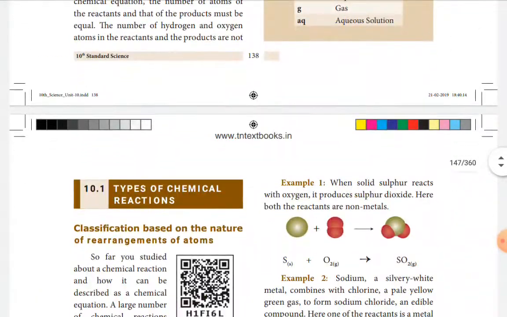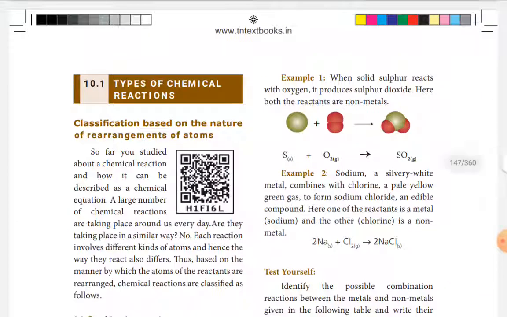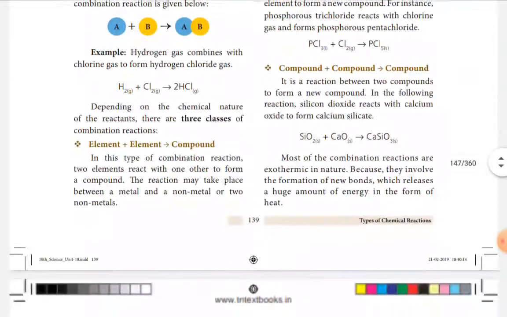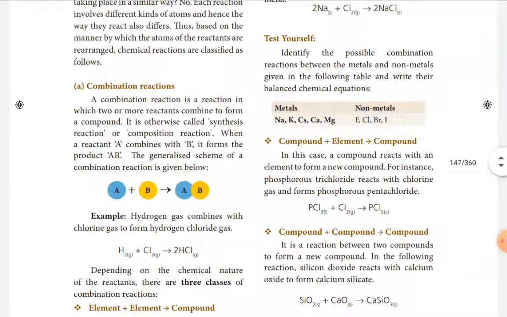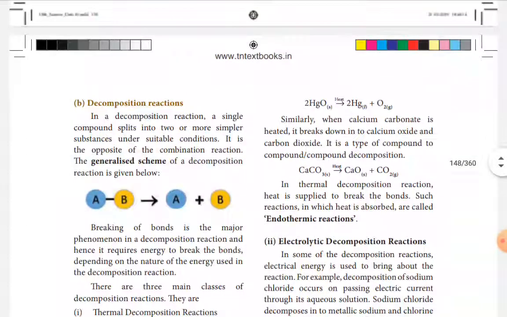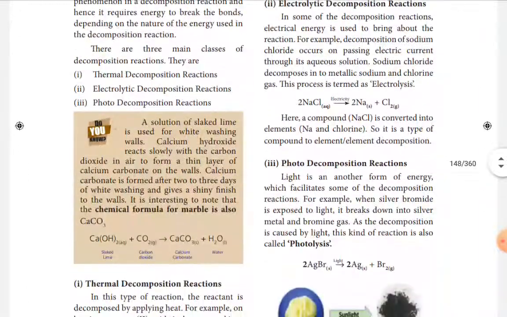Now we also learn about the types of chemical reaction based on the rearrangement of atoms. Combination reaction: two reactants combine to form a single product. Decomposition reaction, which is the opposite of the combination reaction: a single compound splits into two or more simpler substances.